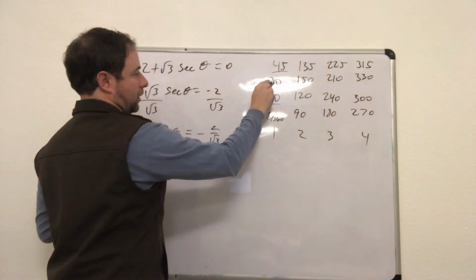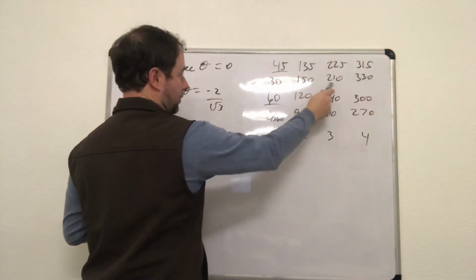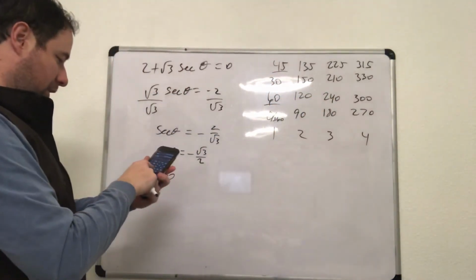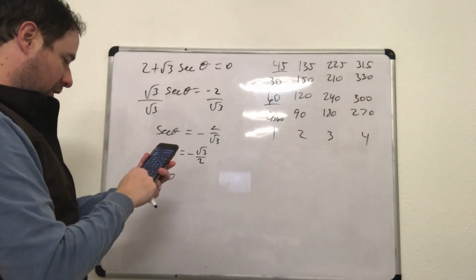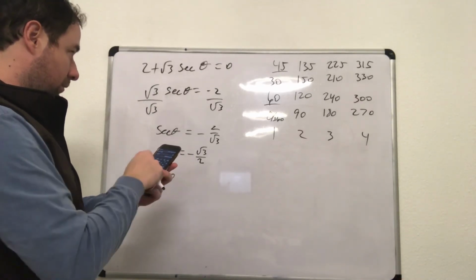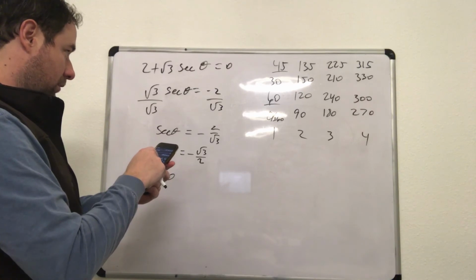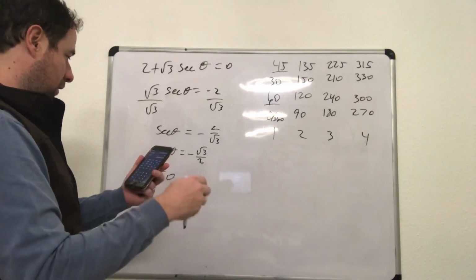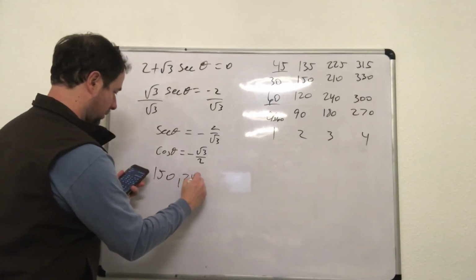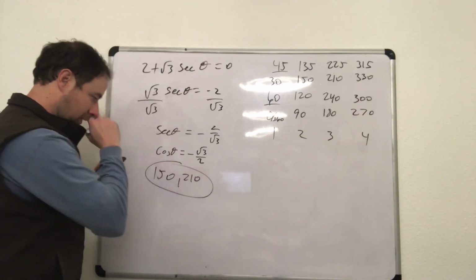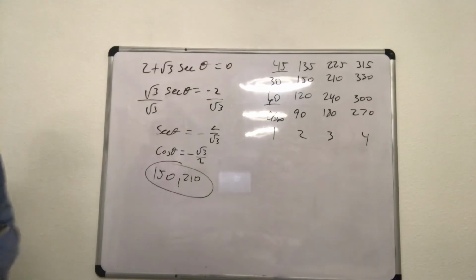You know that this one's going to be positive. So it's going to be either cosine 210 or 330. Cosine 210 is also negative. So those are your two angles for that one.